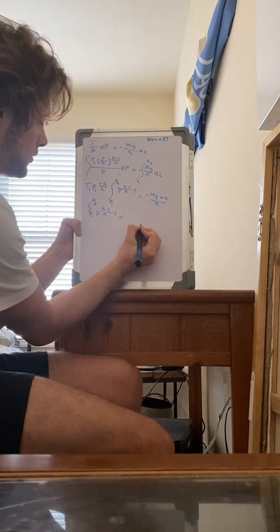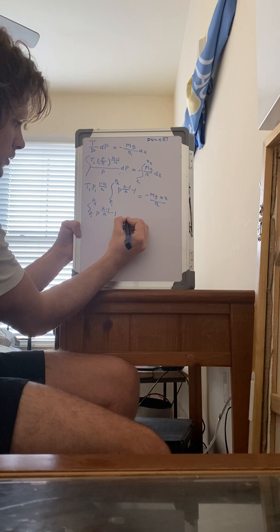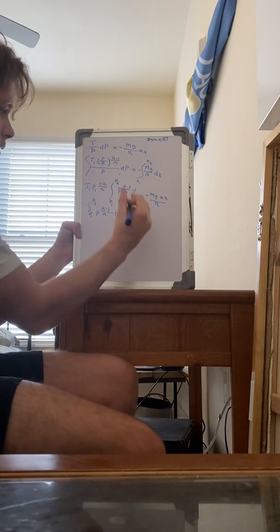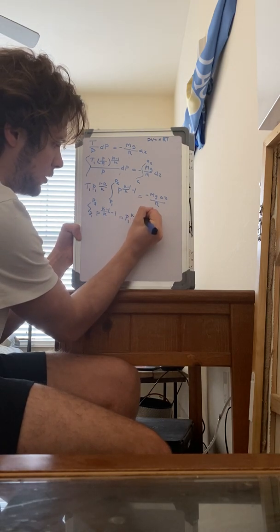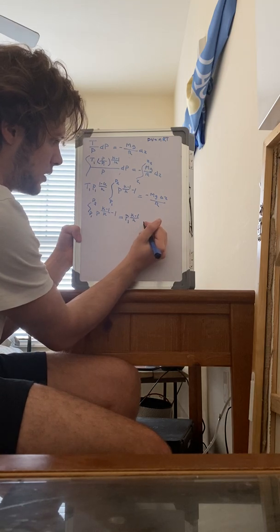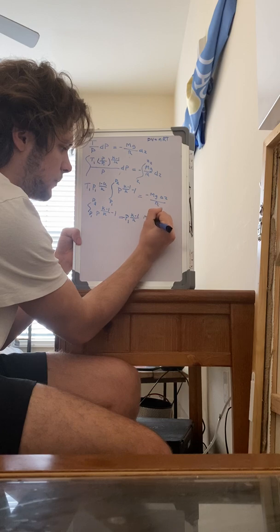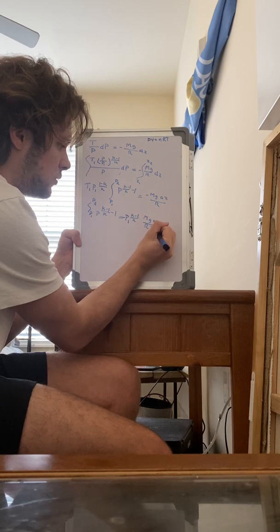And then that is going to equal, wait, what am I doing? P1 to the K minus 1 over K times negative mg delta z over R T1.